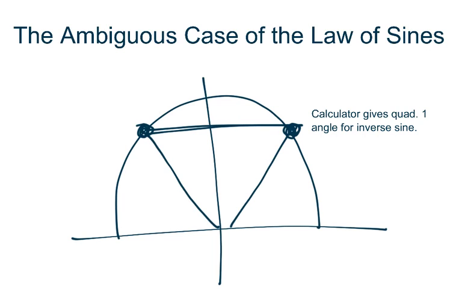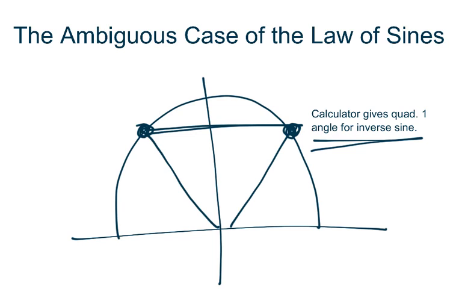So this would be another case in which it'd be a really good idea to draw a diagram to model the scenario in which you're trying to solve for your missing angle, and then determine if that angle is going to be an obtuse angle, in which case it's going to be a second quadrant angle, or if it's an acute angle, in which case your inverse sine in your calculator is going to give you the right measure.